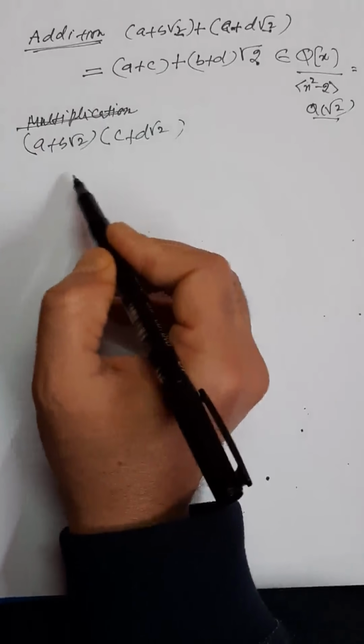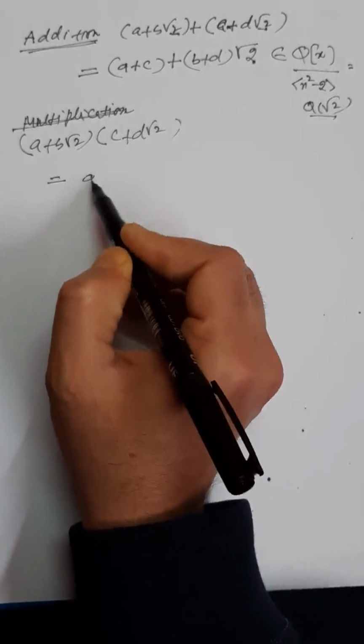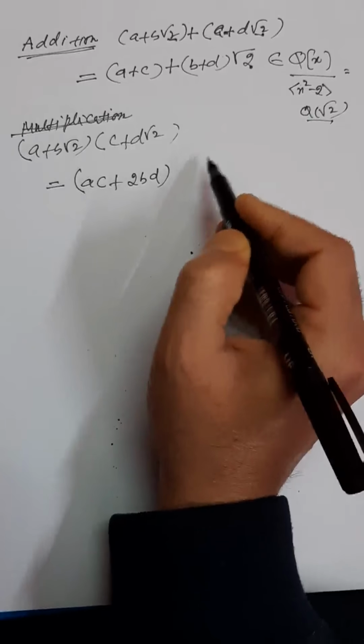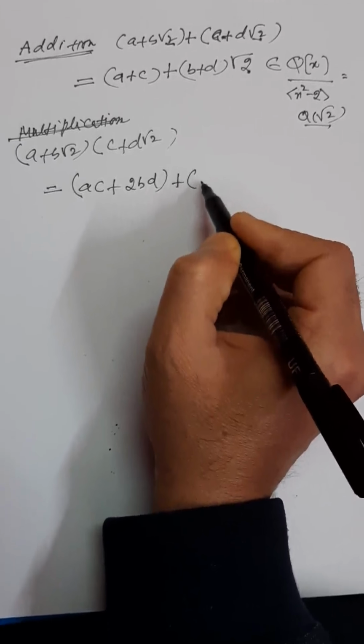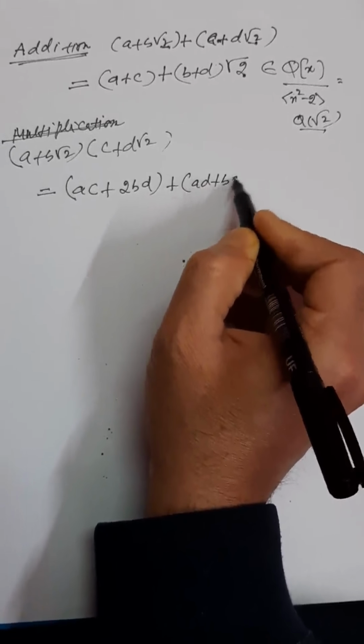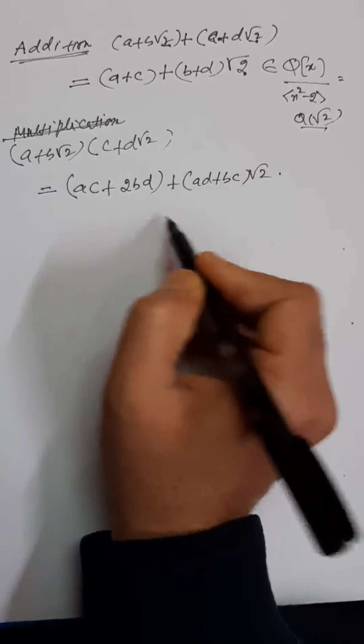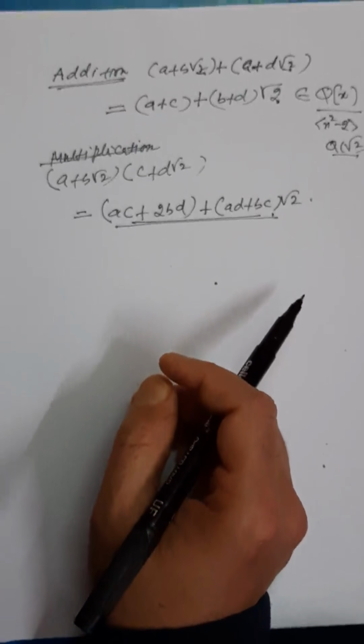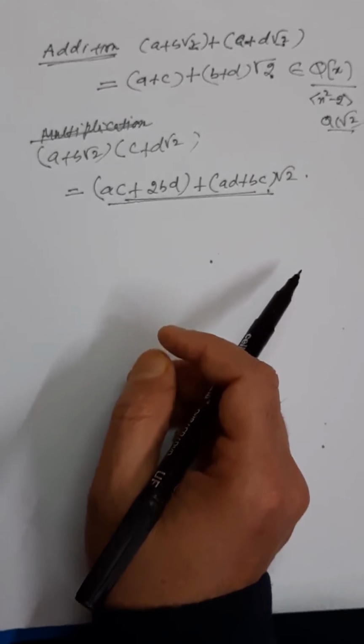After simple calculation, you would see that it becomes (ac + 2bd) + (ad + bc)√2. So this is how we add and multiply members in this field.